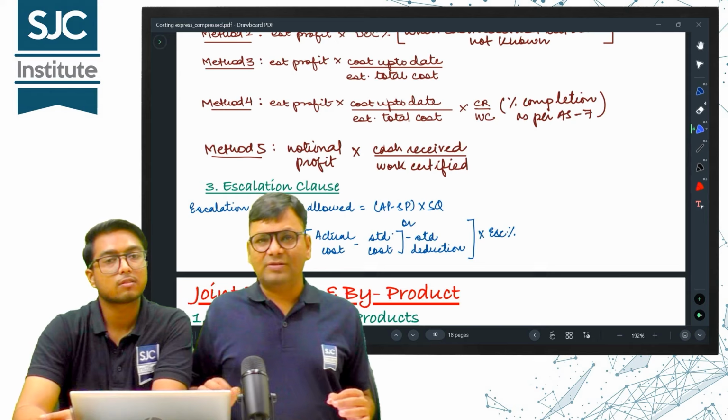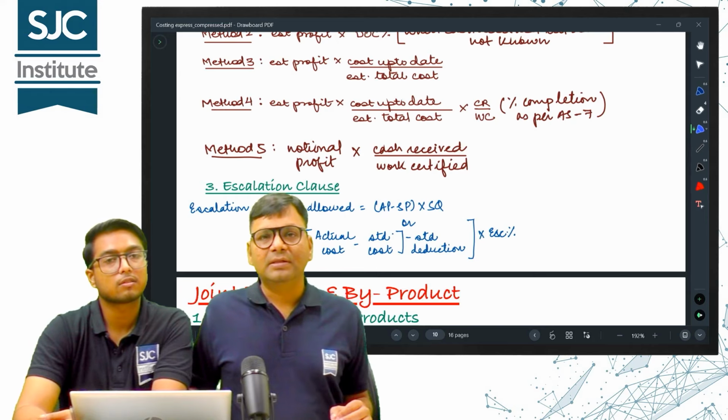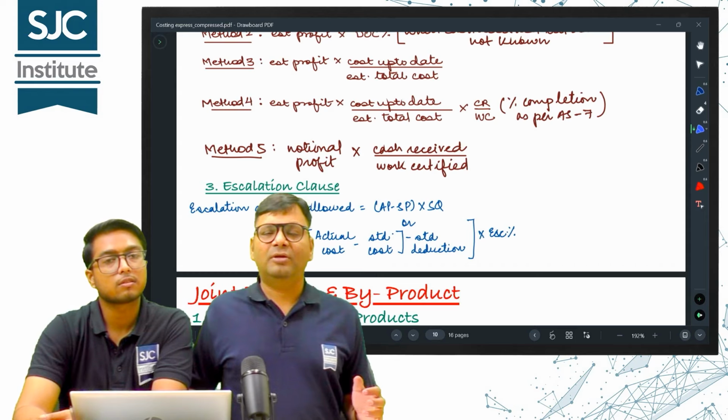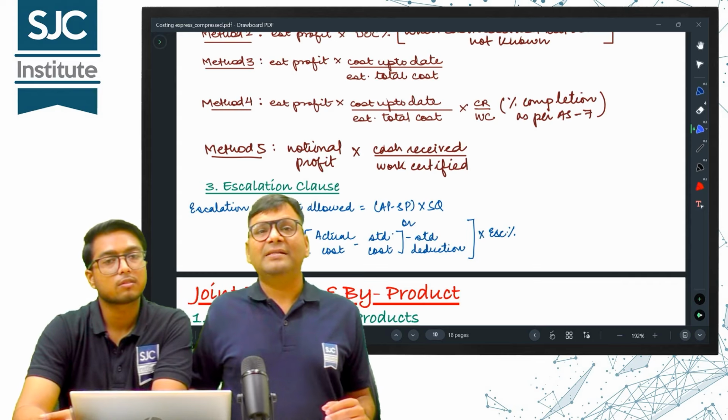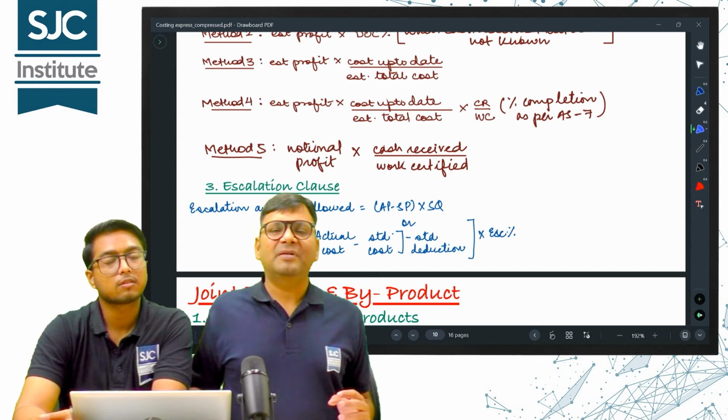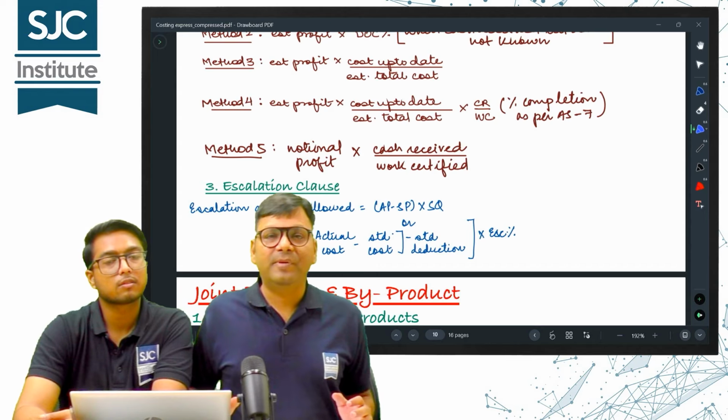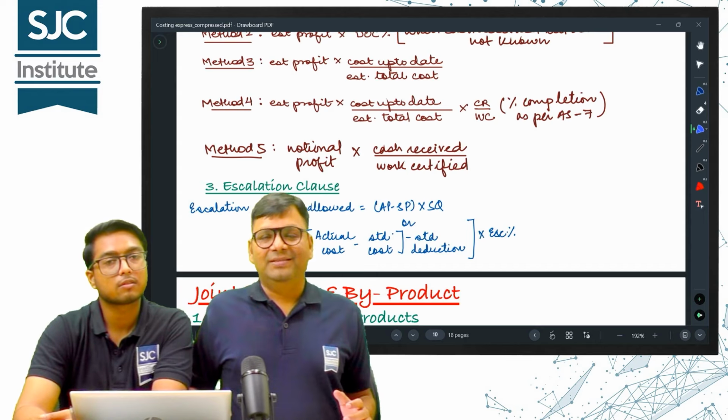The result of this would be gross escalation. Then you'll subtract standard deduction, say 5% or 10% of such gross escalation, against which no compensation will be paid by the contractee. The remaining amount is called allowable escalation, and a percentage of allowable escalation only would be paid by the contractee.